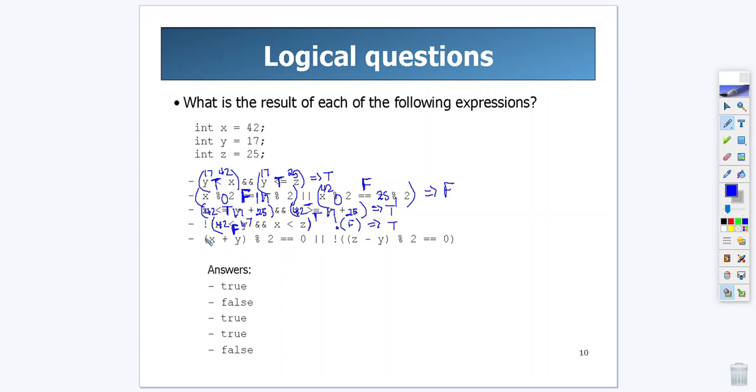And then here, remember, I'm going to have to be careful with how I do this. I'm going to evaluate the stuff before my OR and the stuff after my OR, and then I'm going to compare it. So here, x plus y, so 42 plus 17 mod 2 is 0. Well, I know that's an odd number, and when I mod 2, I'm going to get 1 and not 0. So that's false.